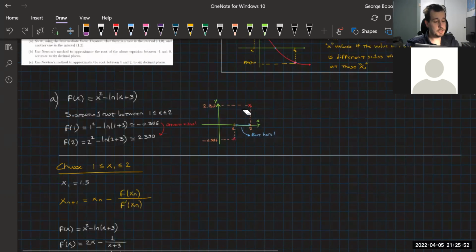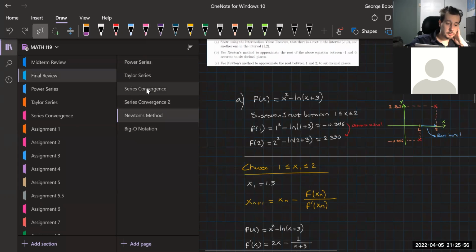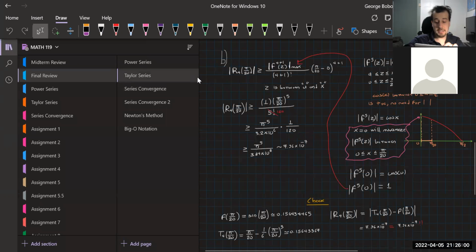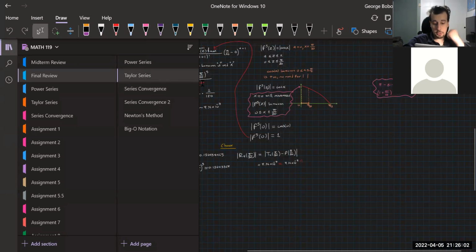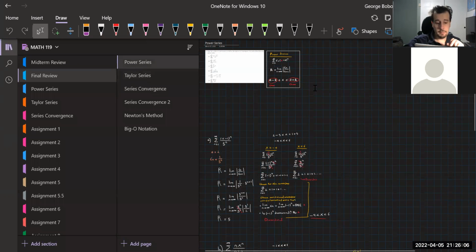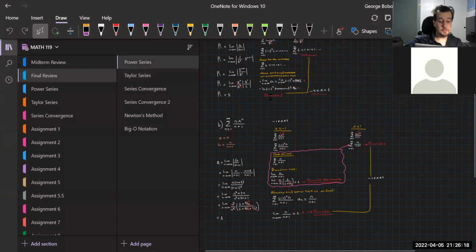Last but not least, okay, so let me see what remains here. So we've done most of the series convergence stuff. We worked on Taylor's series. I showed you Taylor's inequality. We worked on power series. What is it that I have not done? I see there's one more topic I haven't done on power series, and that is to derive power series from other power series. I don't know if we've done that.